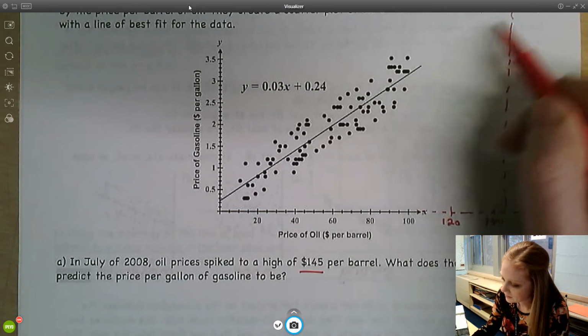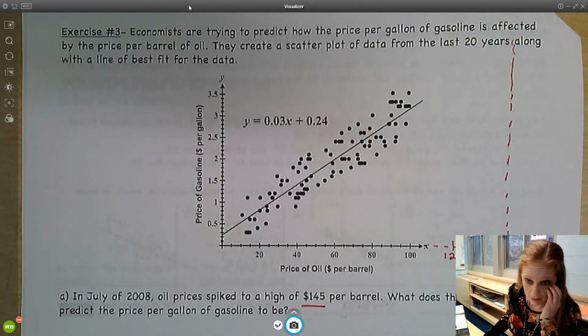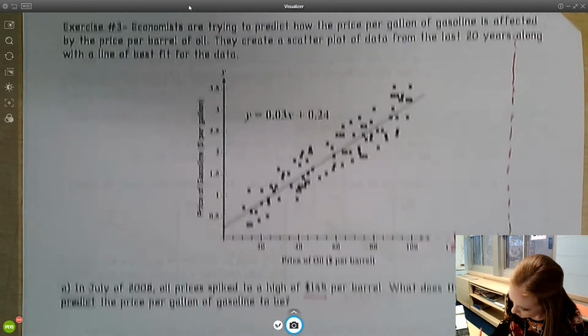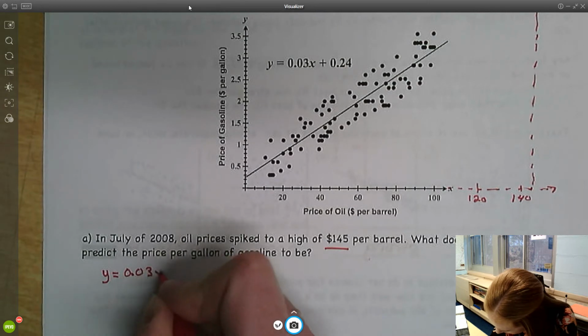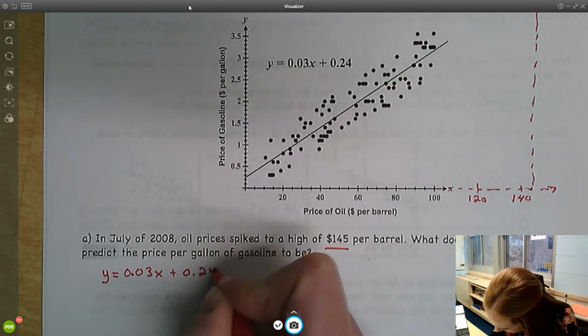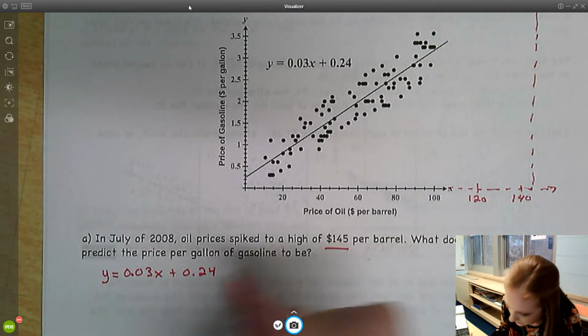So you can estimate it's going to be all the way up here above 3.5. But it's going to be more accurate to use our equation. y equals 0.03x plus 0.24. Let's plug in 145 for x, because that's our x-axis, the oil.